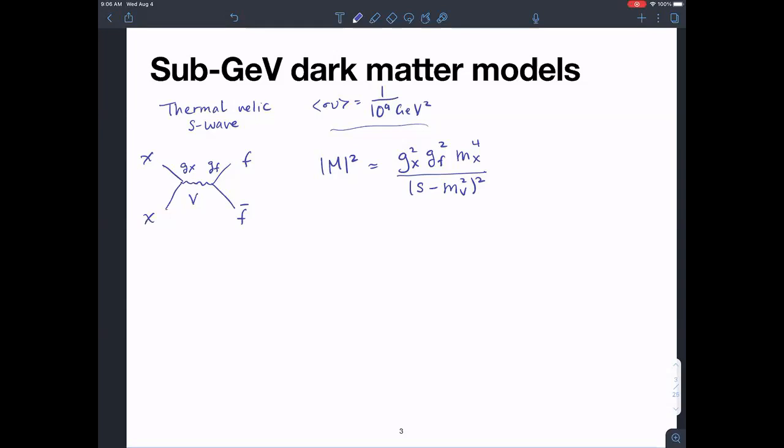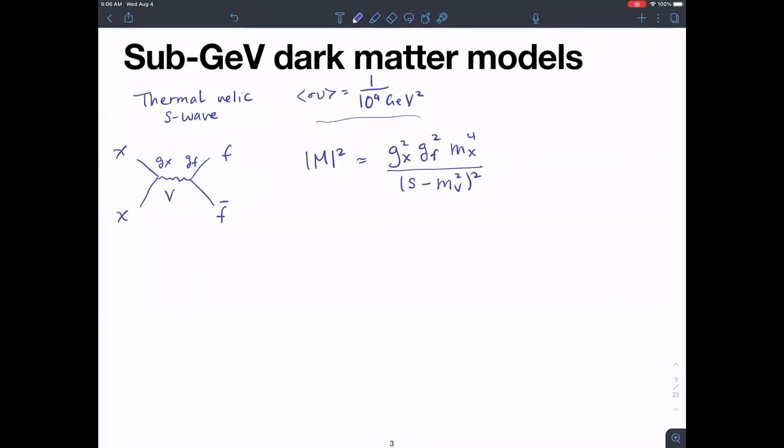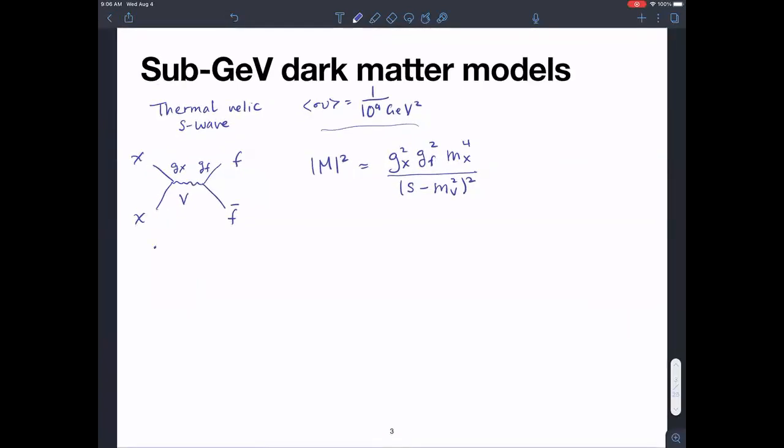So if we were to take the point of view that we would like this mediator to be connected to, say, new physics at the weak scale, then we might take the limit where this is a heavy mediator. So I'll take heavy mediator, meaning m_V is much greater than the dark matter mass. At various points, I will be using heavy and light mediator in different contexts.